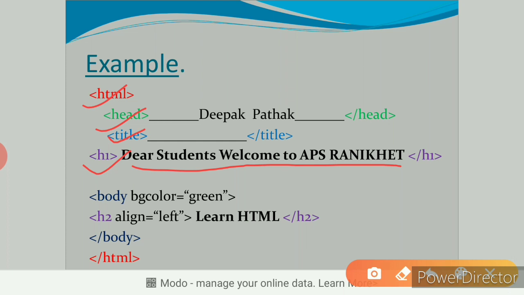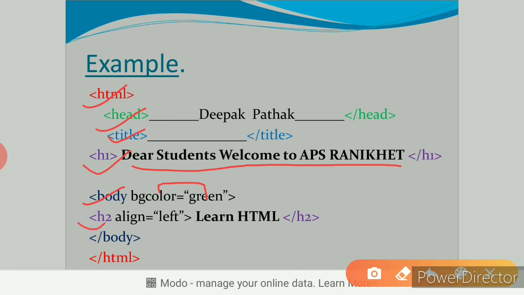After this H1 tag, I write a body tag, and you can see here bgcolor equal to green. So what is bgcolor equal to green? It means I want my website background color to be green. bgcolor equal to green is also called an attribute of the body tag.